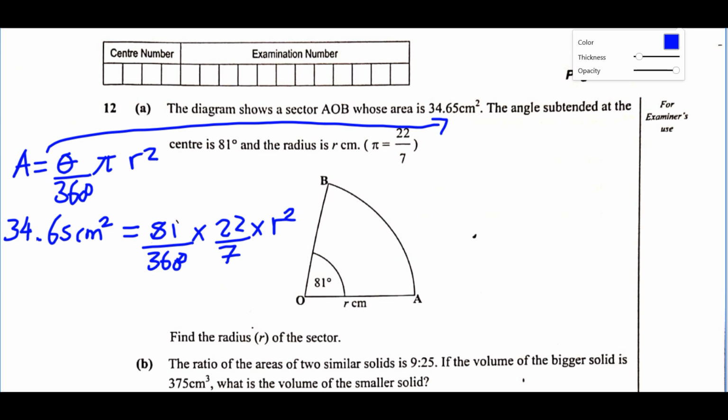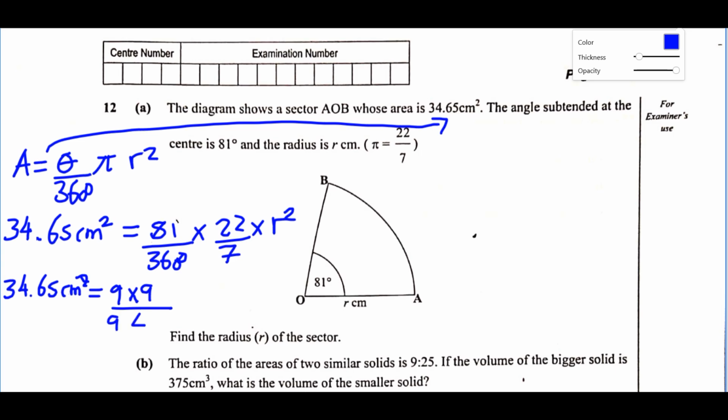So what I'm going to do is break some numbers here. We have 34.65, then 81 is the same as 9 times 9. Then 36 is 9 times 4, so 360 is 9 times 40. Then 22/7 is 11 times 2 over 7, times r squared.